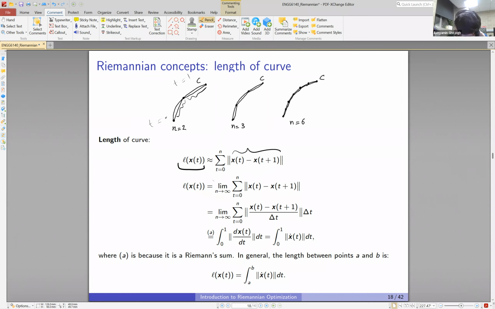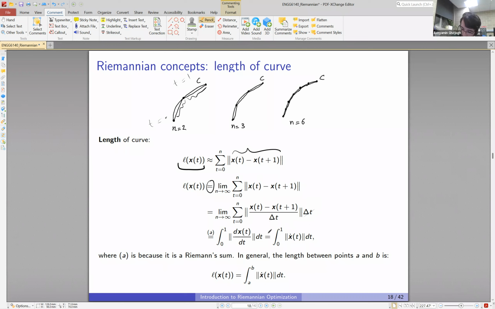This approximation becomes exact when you take the limit of n to infinity, because it becomes more accurate by increasing n. Then I can also multiply and divide this by delta t, so they cancel each other.